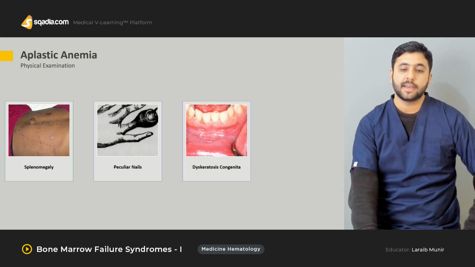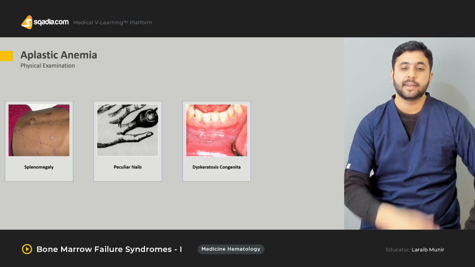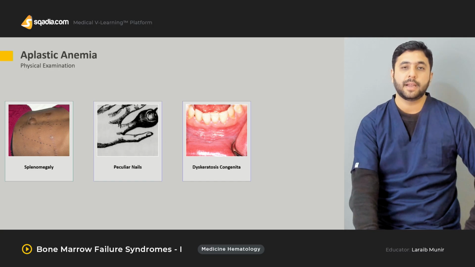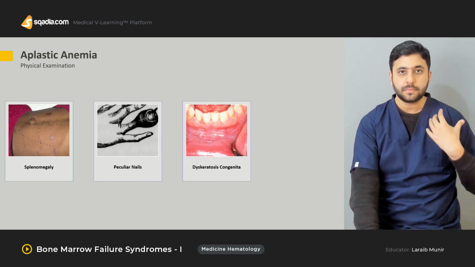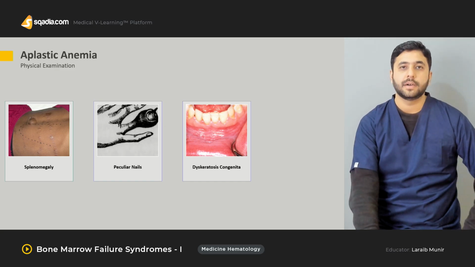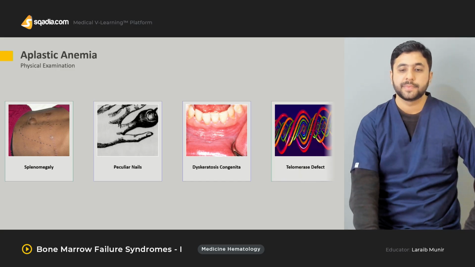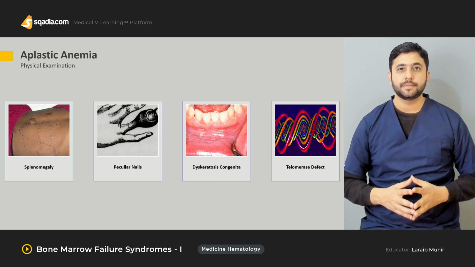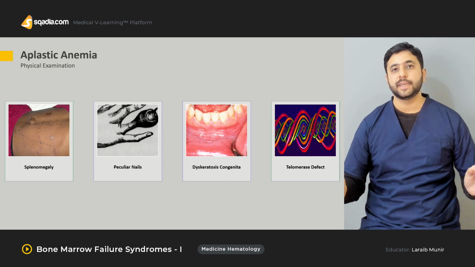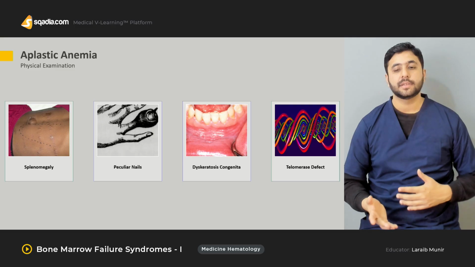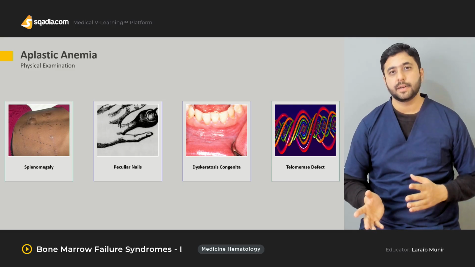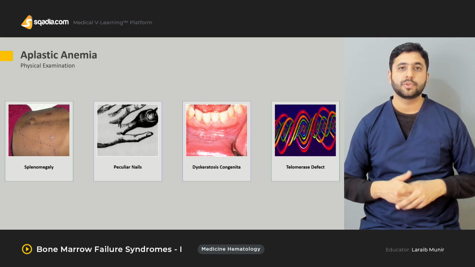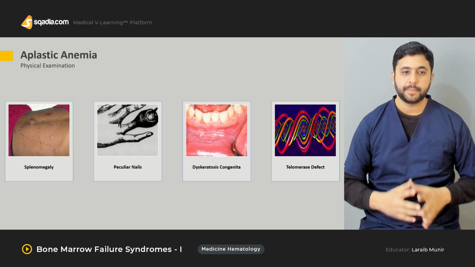Similarly, in patients with dyskeratosis congenita, there are certain gum abnormalities, malformations of the teeth, or other oral cavity problems. And then there are certain telomerase defects. Telomeres are the end portions of the DNA segments, which can have abnormalities, different mutations or breakage, that can lead to the development of congenital or inherited types of aplastic anemias.